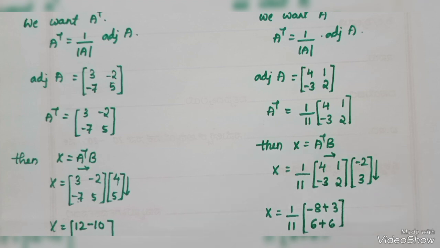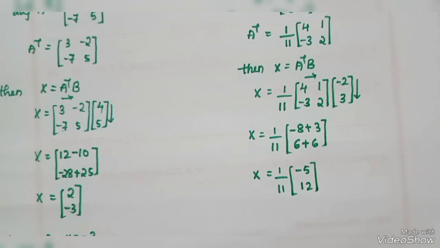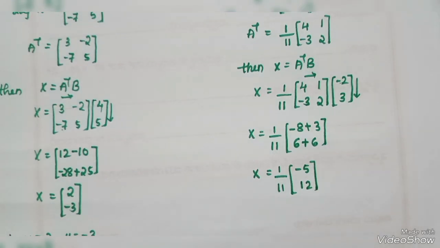Here X is equal to 1 by 11 into minus 8 plus 3, it becomes minus 5. 6 plus 6, it is 12. Okay, we get X is equal to 1 by 11 into the matrix minus 5, 12.